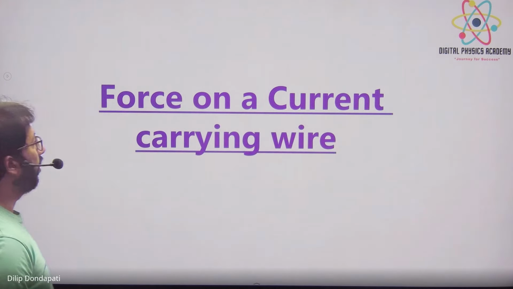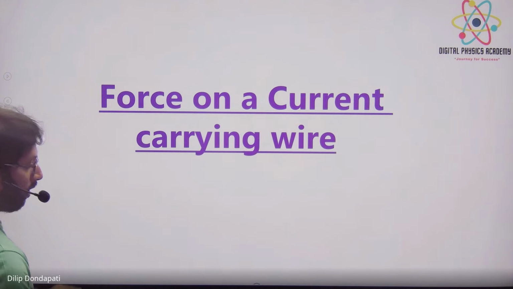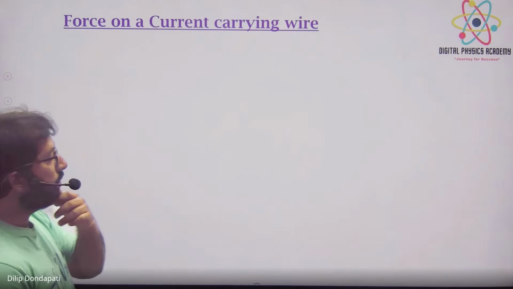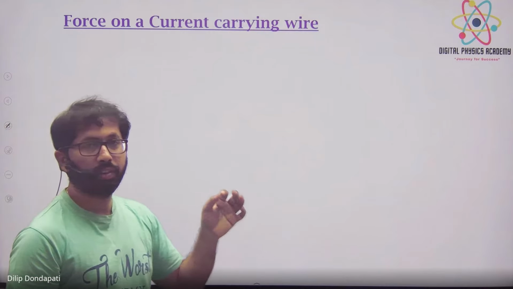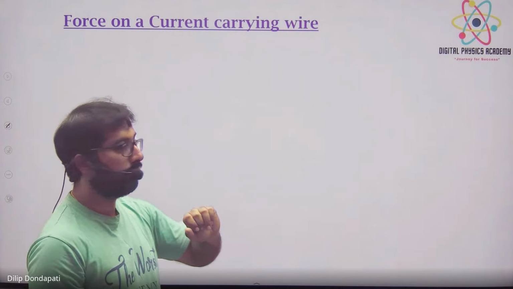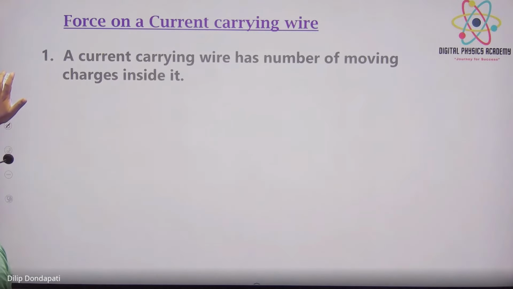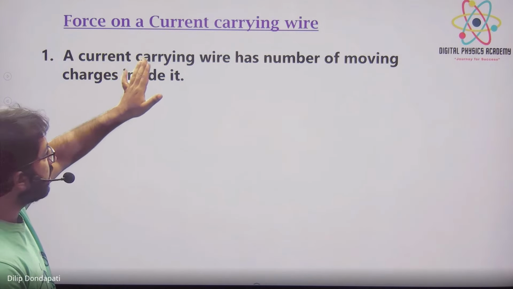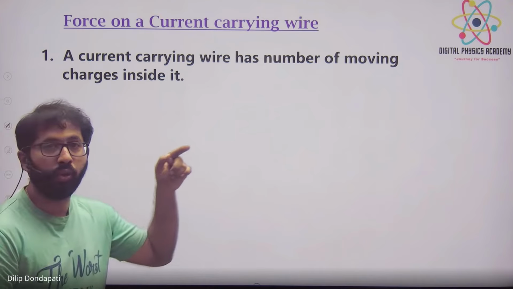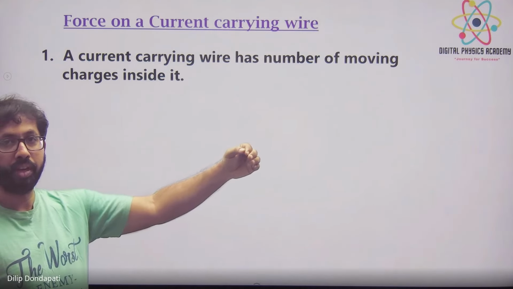Okay, force on a current carrying wire. Normally we know the force on a charge entering a magnetic field: the formula is Q v cross B. Now we are looking at the force on a current carrying wire. A current carrying wire has a number of moving charges inside it. When current is flowing, the charges are moving in the magnetic field.